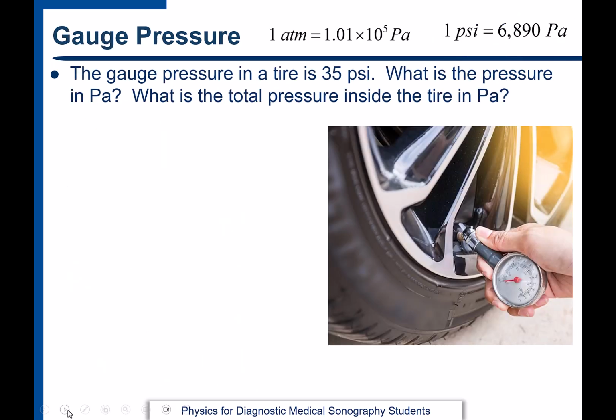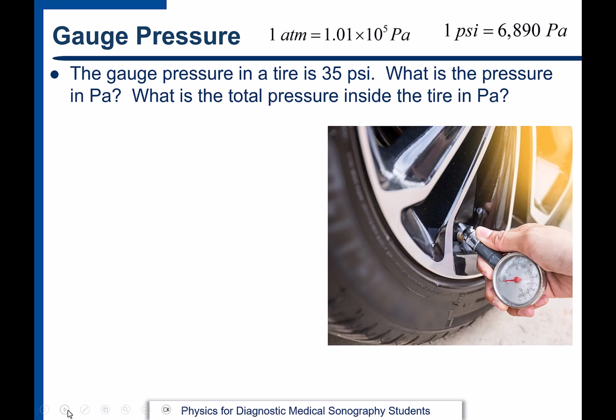The best way to do that is think of when we use a gauge, and something that you've probably done at some point, which is, have you ever checked the tire pressure either in a car or on a bike? Well, you are measuring the gauge pressure when you do that. In other words, the gauge pressure is the difference between the pressure inside the tire versus the pressure outside the tire.